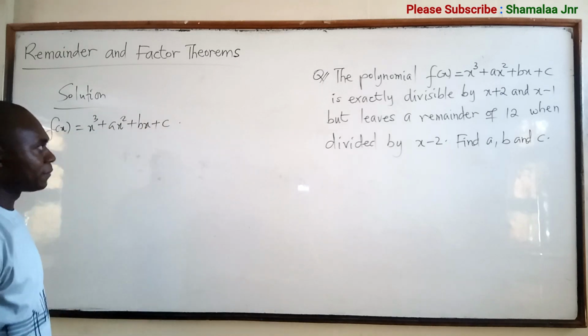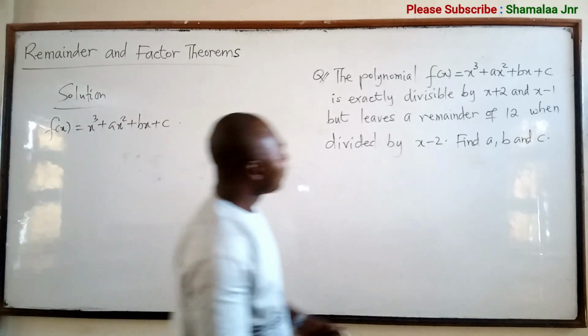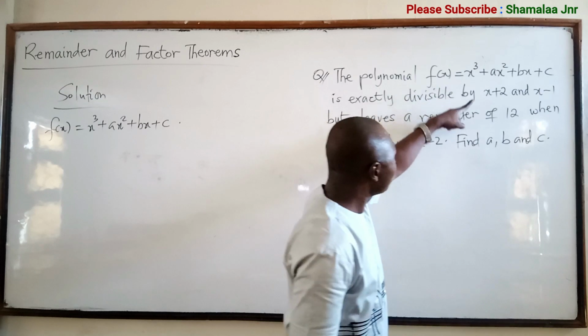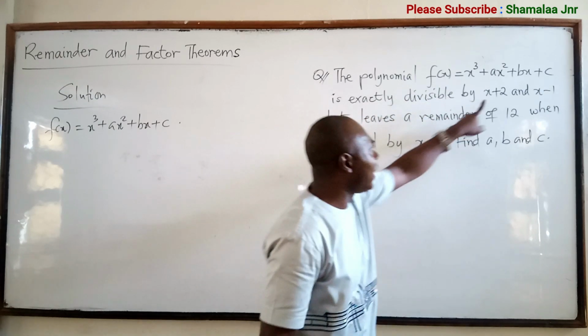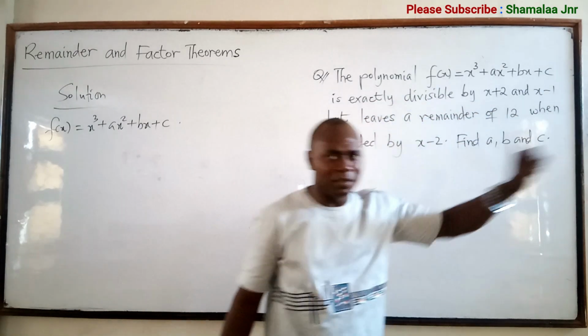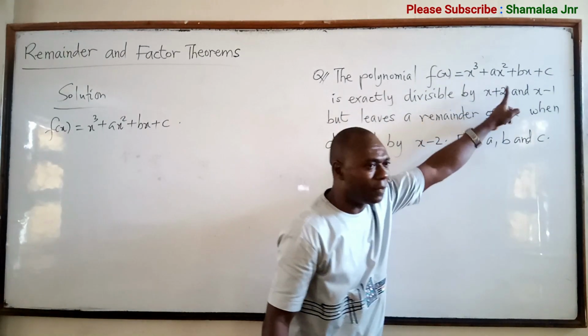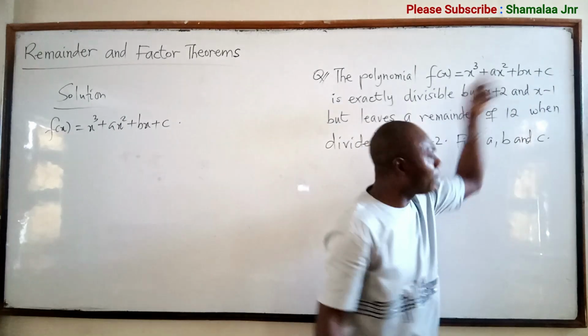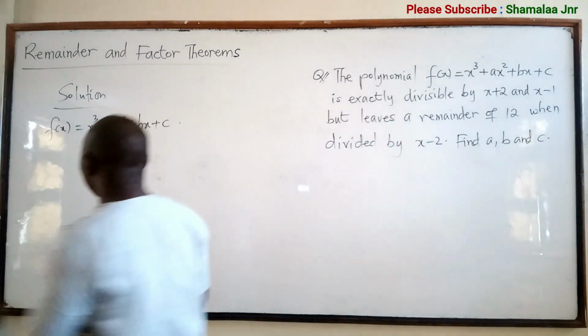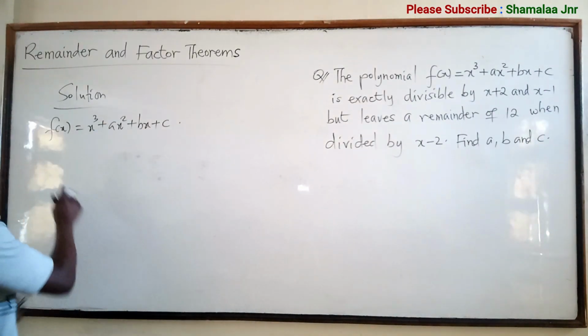And you are saying that this polynomial is exactly divisible by x plus 2 and x minus 1. In other words, x plus 2 is a factor of this polynomial, and x minus 1 is also a factor of this polynomial. So let's look at it this way.